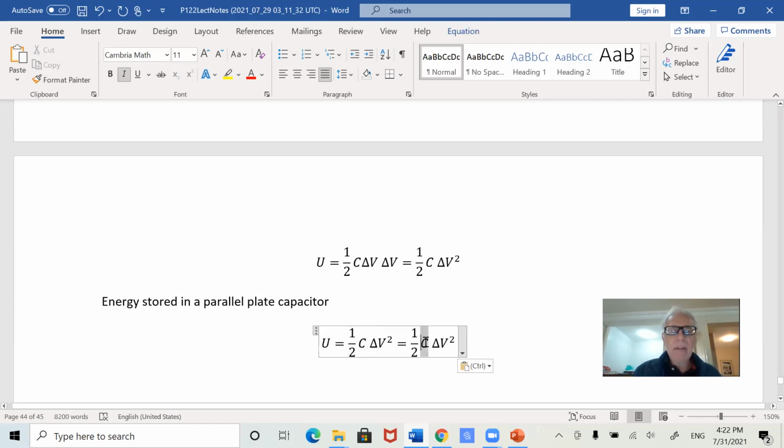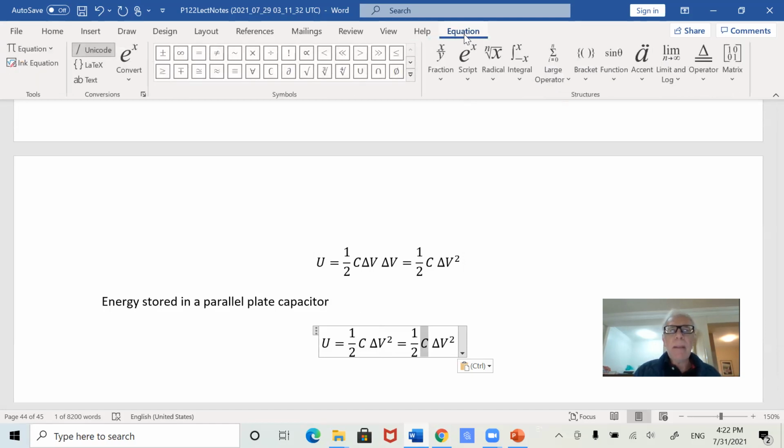The capacitance is going to be given by the dielectric constant between the plates. This dielectric constant is kappa.